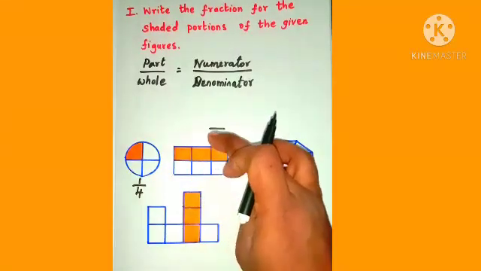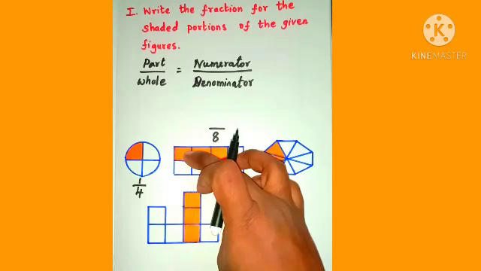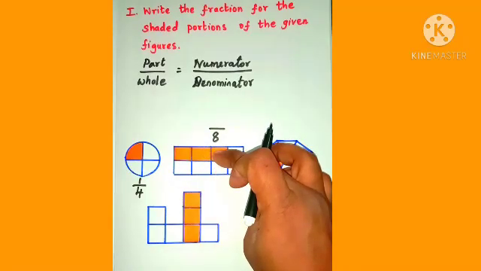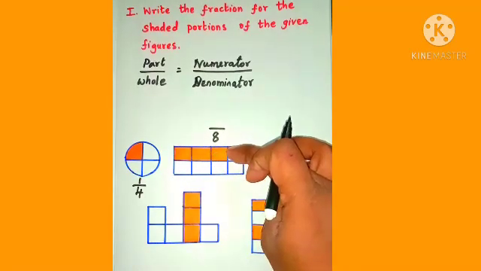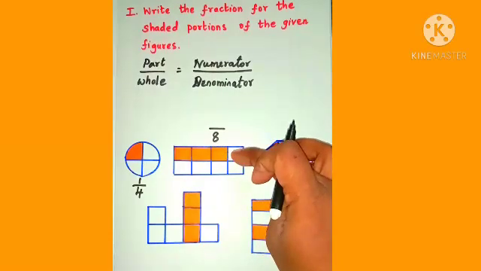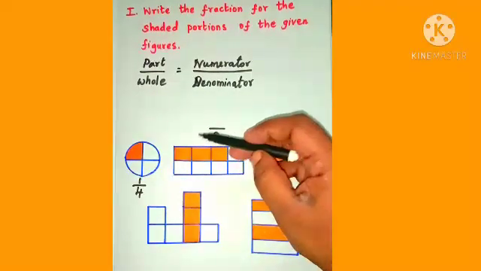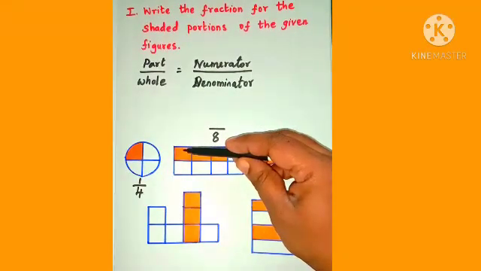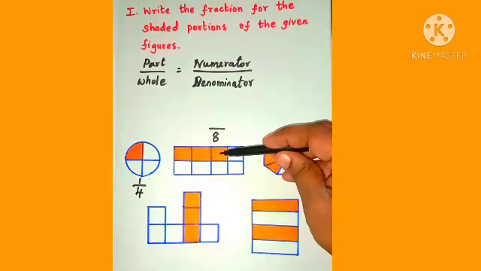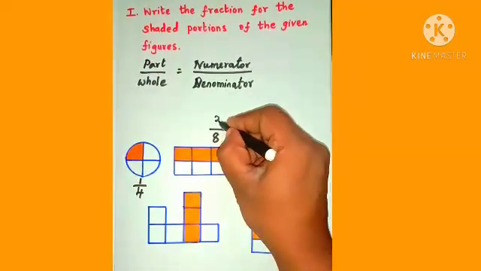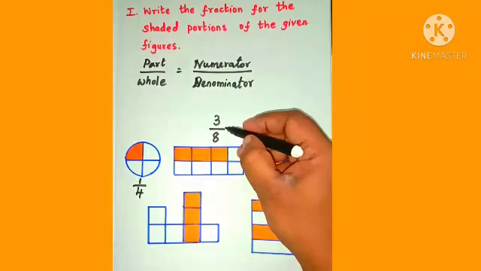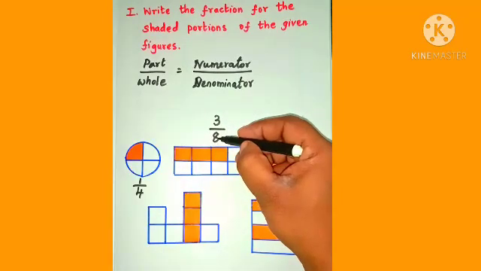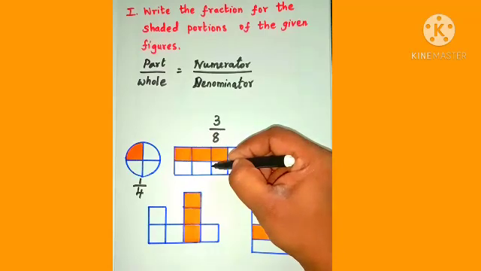And the numerator represents the number of parts being shaded, being colored. Here how many parts are shaded? 1, 2, 3. Right, here 3. Children, here 3 by 8 represents the fraction of the shaded portion of this figure.